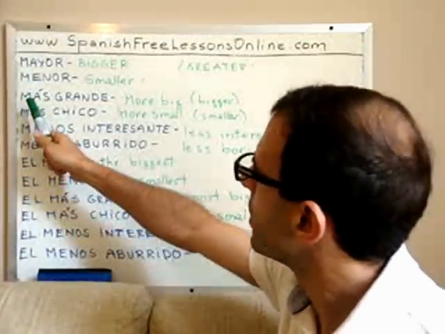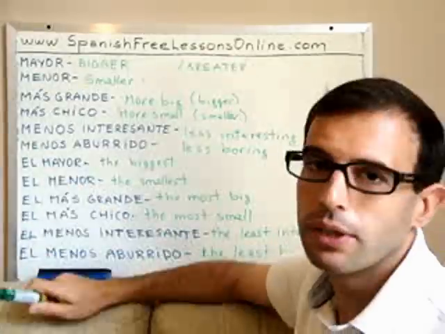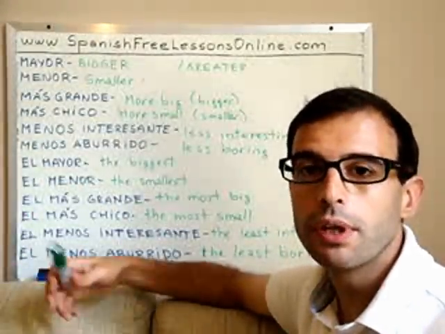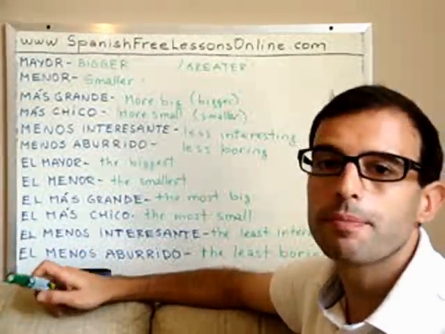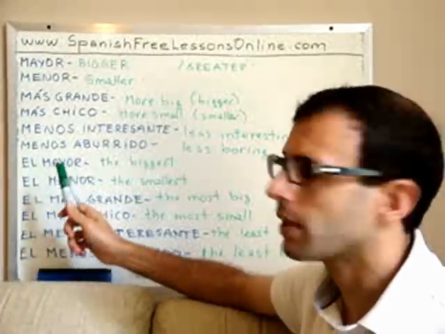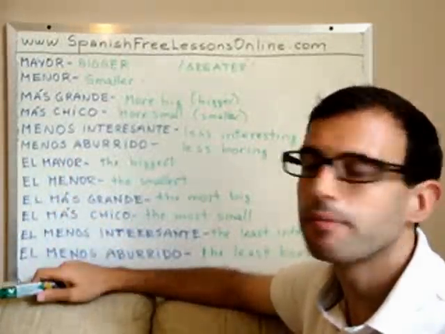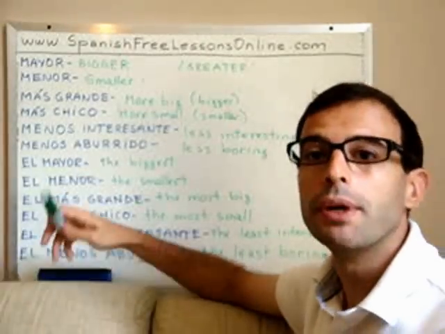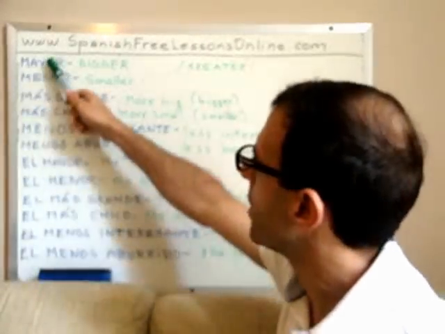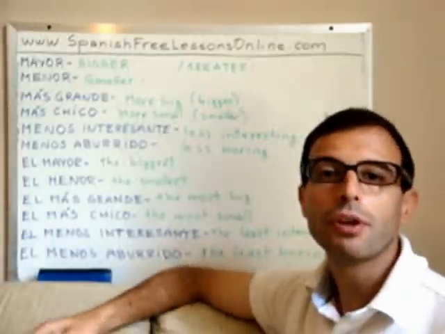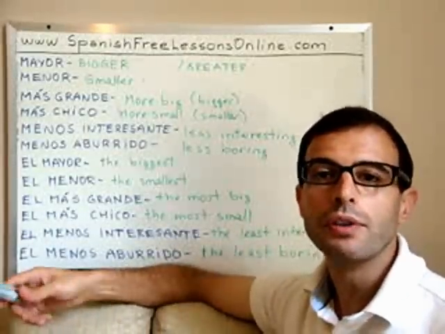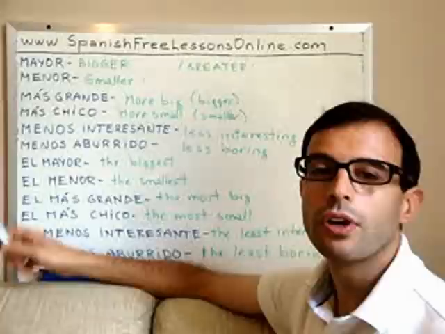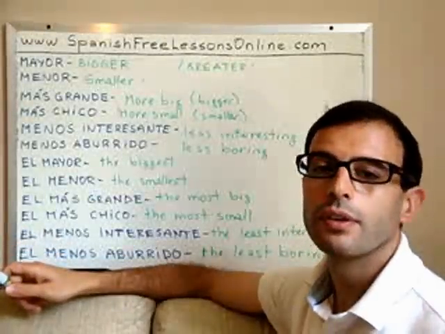Here we would say more big. I know that in English it's wrong. You cannot say more big, you just say bigger. But in Spanish it's fine. You can say more big, okay? Actually, you have a word like in English, bigger, right? And smaller, which is mayor and menor. But mayor and menor also mean older and younger, right? So, más grande and más chico are correct in Spanish.